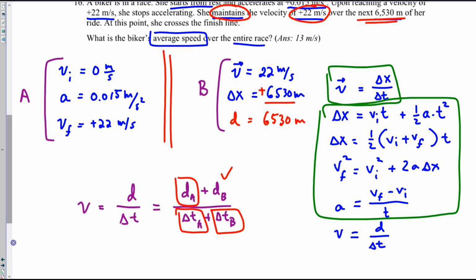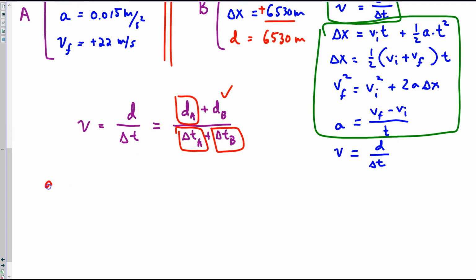So let's start by finding the distance in segment A. I look to my equations for A, the equations of constant acceleration. None of them have distance, but if I find displacement, I could simply drop the sign, and now that will be my distance.